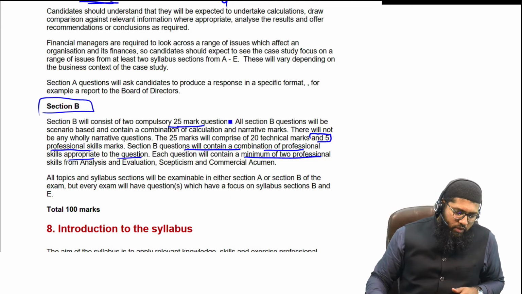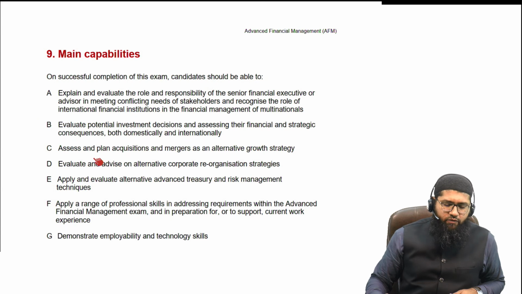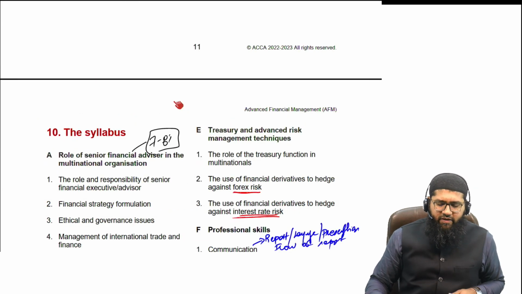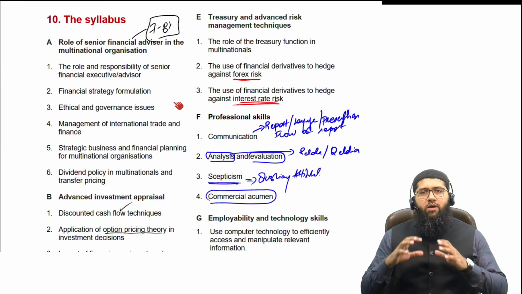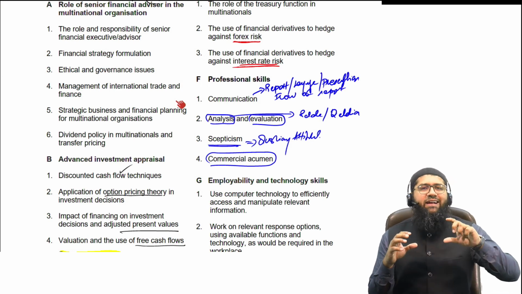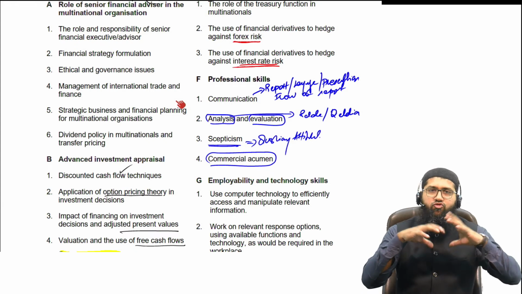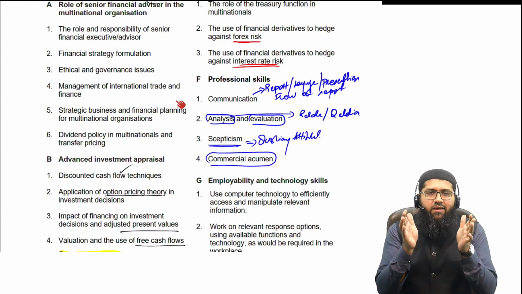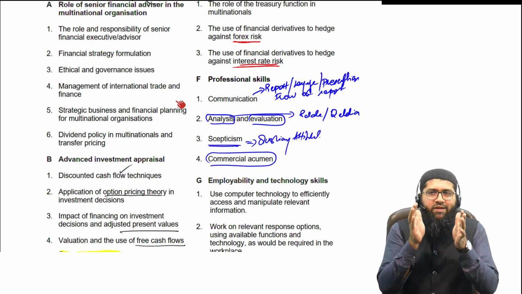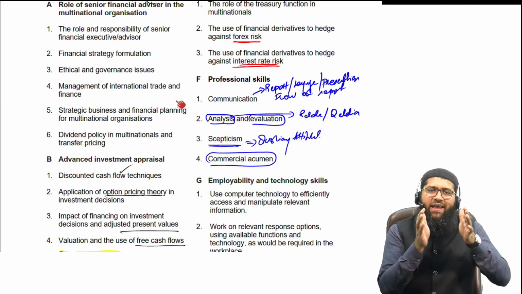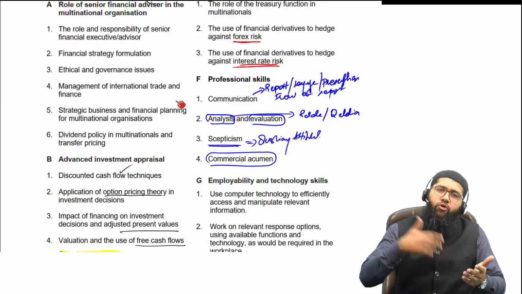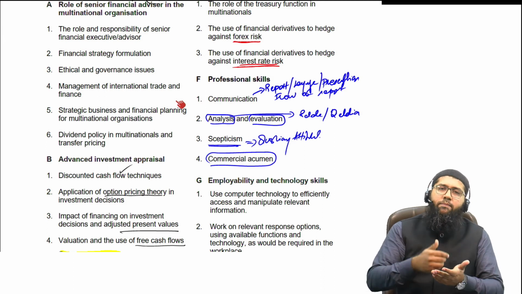Now, a lot of students have a question: how do we go about these professional skills? So let me guide you a bit. You see, the professional skills just need a bit of fine tuning. You don't need to be demonstrating them extraordinarily. It's just that you need to know what technical knowledge is needed, and on the basis of that technical knowledge you could have the professional skills automatically being demonstrated.